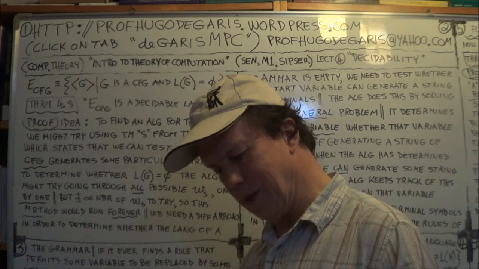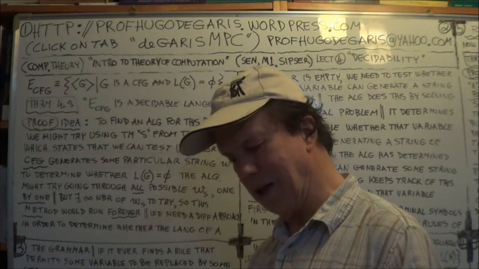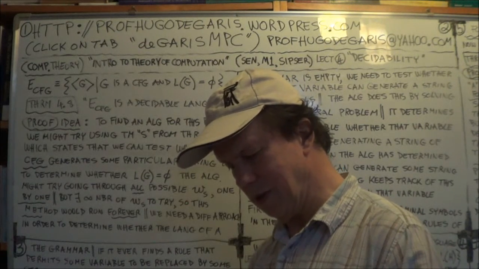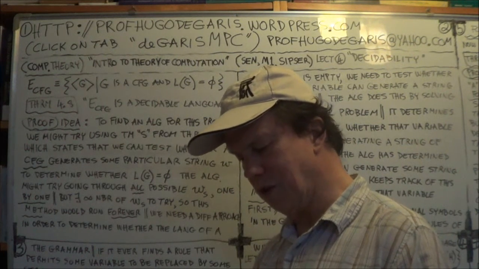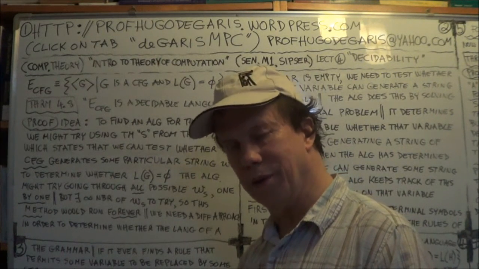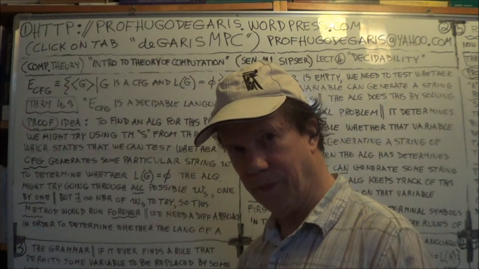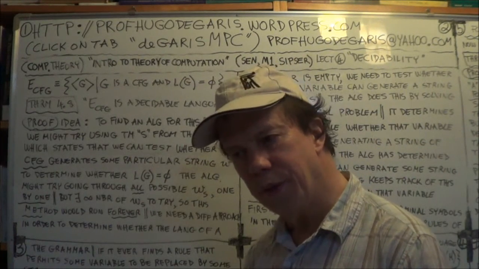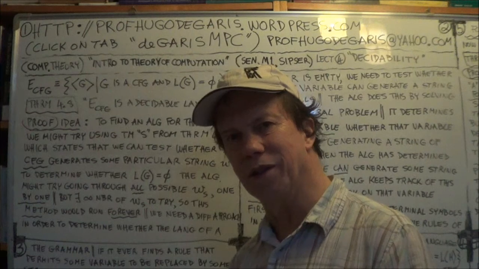So the language A_CFG is a decidable language. And what is that language A_CFG? Well, it's the set of strings, and each string is an ordered pair G, W, where G is a grammar and W is a string, and that ordered pair G, W is a member of the language if that grammar can generate the string W. In other words, you're translating from a language problem back into the original computational problem.